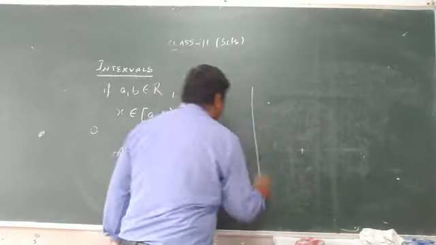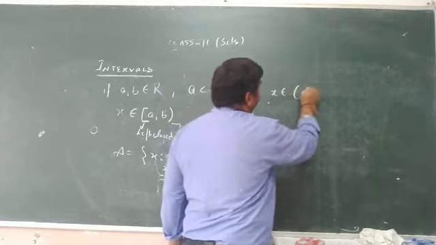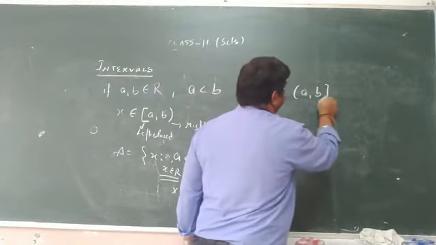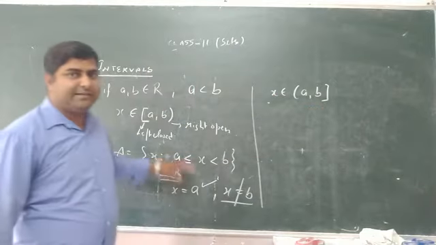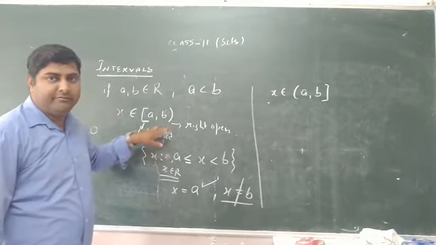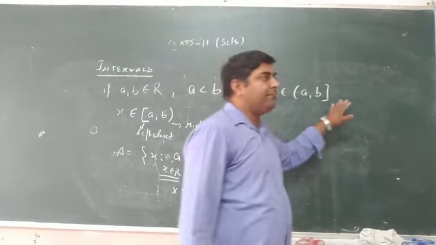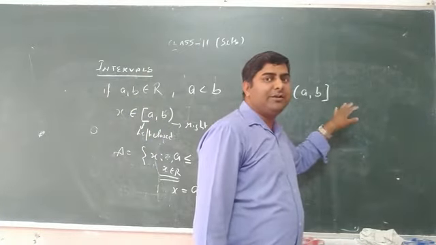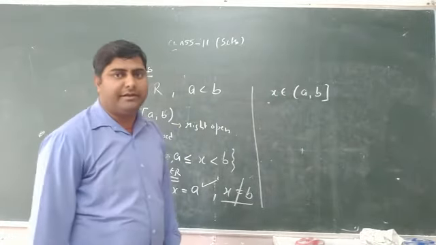Similarly, we have left open. X belongs to the interval (A, B]. We say semi-open because it is open from the left side and closed from the right side. We say semi-closed, or right hand closed interval.